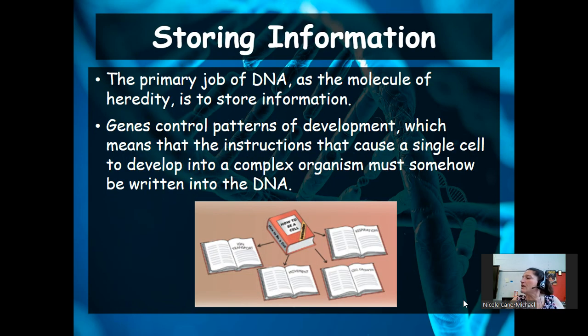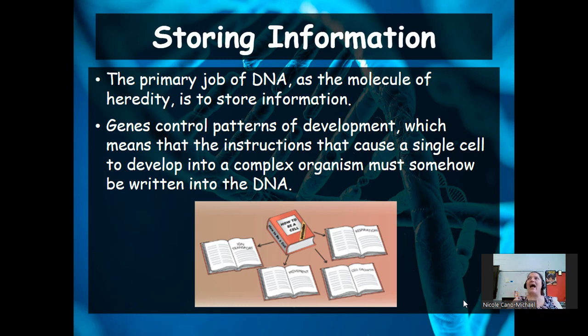If we're looking at DNA storing information, by the way, this is the primary job of DNA. The most important thing that DNA is going to do is store all of the information that makes up you. Remember, genes control everything in your body.